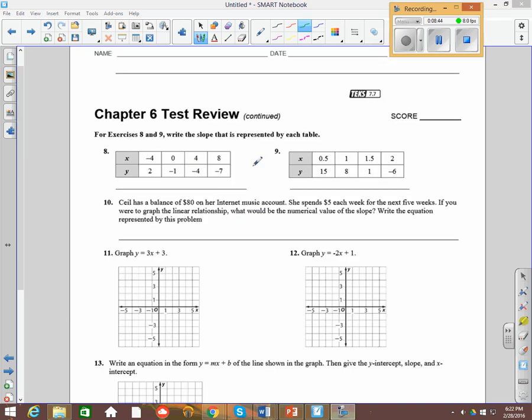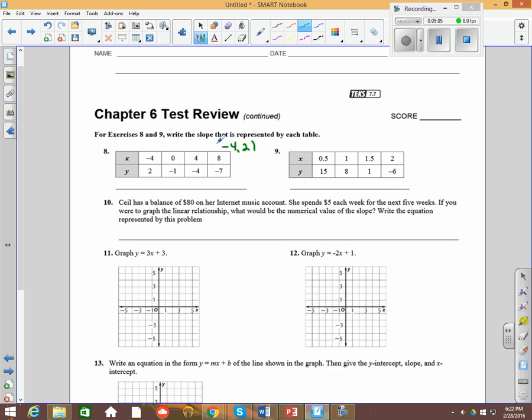Here, number 8 and 9, you're to write the slope that's represented by the table. So all you're doing is subtracting the y's. Use these 2 points, and I'll write it down. x is -4, y is 2.